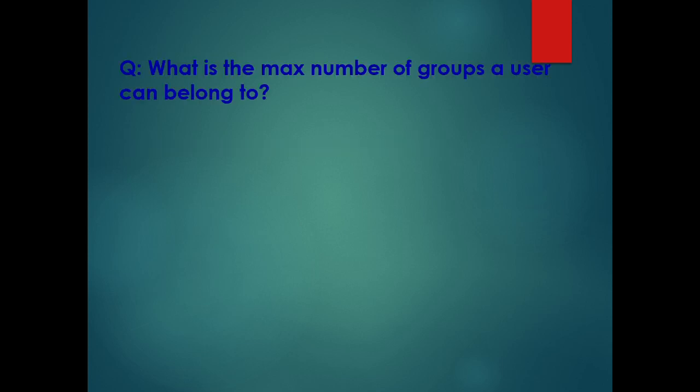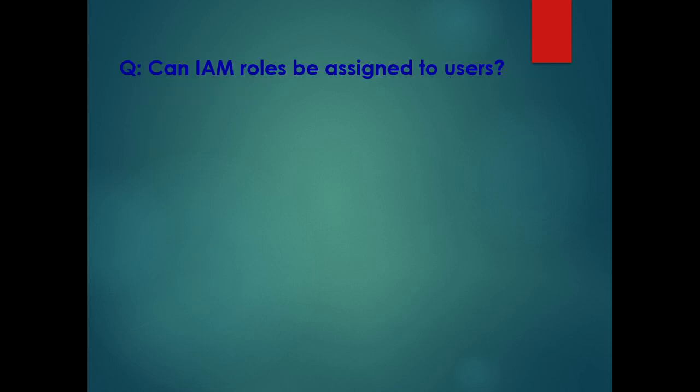What is the maximum number of groups a user can belong to? 10 is the maximum number of groups a user can belong to. Can IAM roles be assigned to users? No. Roles are assumed, not assigned.